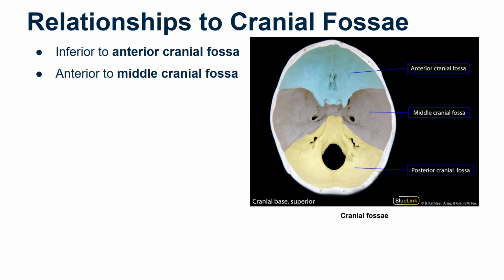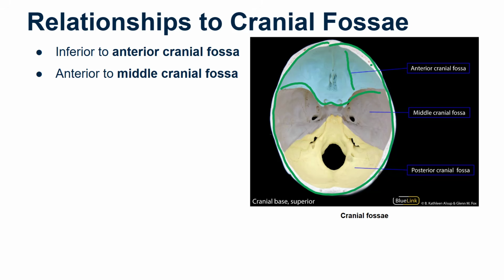With respect to other spaces, the orbit has relatively straightforward relationships. So here we're looking at a donor with a craniotomy, and so we're looking into the cranial cavity. The orbit itself is found inferior to the anterior cranial fossa, which we can see here.